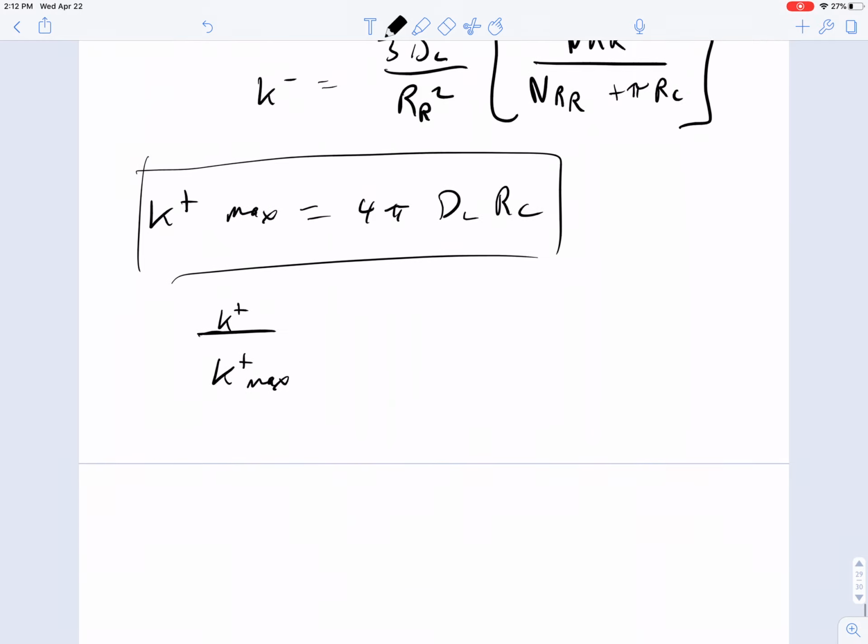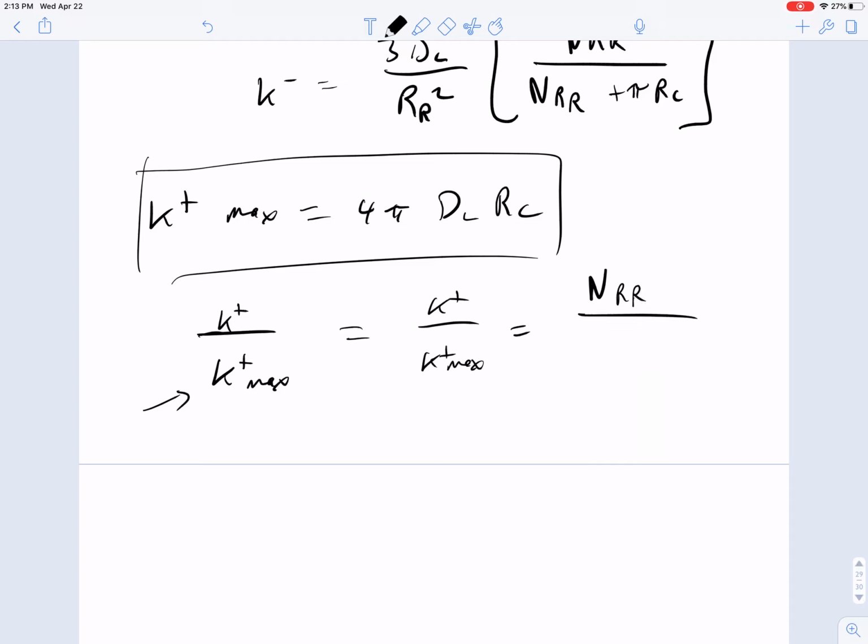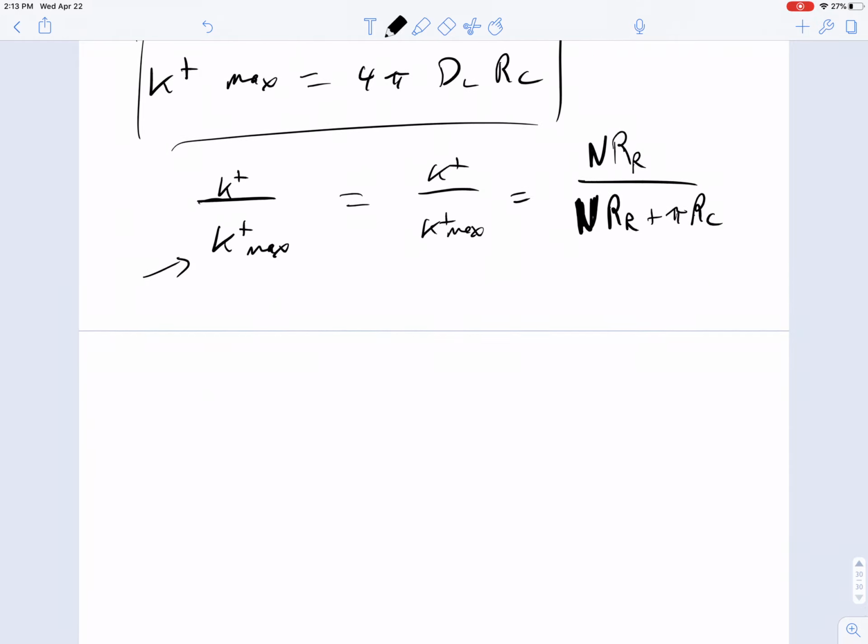This is the max determined by coming into contact with the cell. So k plus over k plus max is now simply equal to N radius of the receptor divided by N radius of the receptor plus pi R_C.